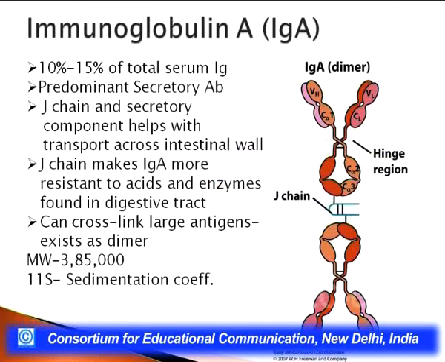Coming to IgA, it is almost 10 to 15% of the total serum immunoglobulins. It is a predominant secretory antibody. Now, if you remember, once a child is born, after parturition, for the first 3 days the milk which is produced is called colostrum. This colostrum is extremely rich in IgA antibody.